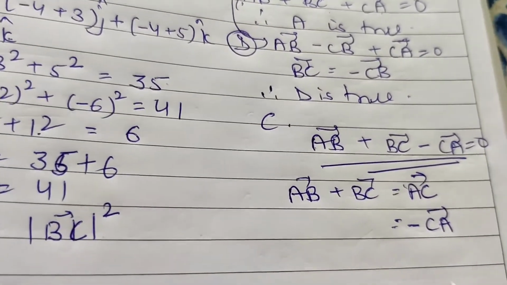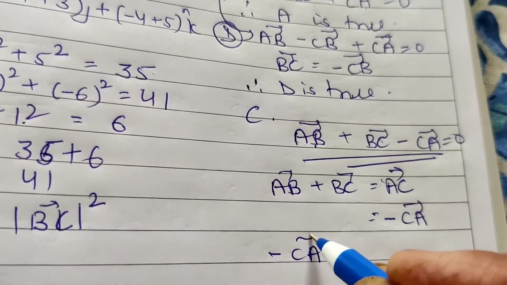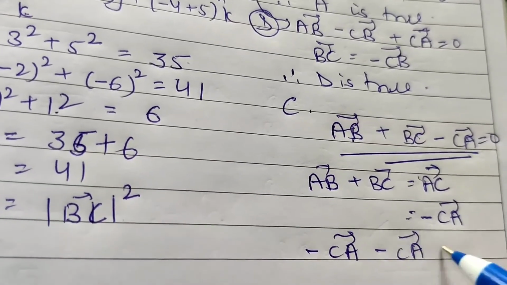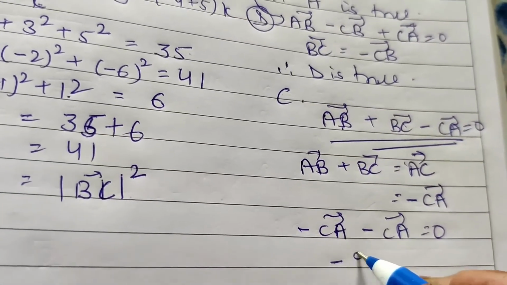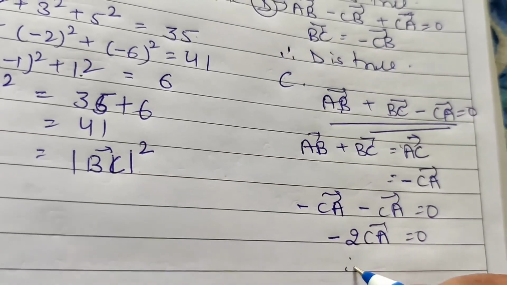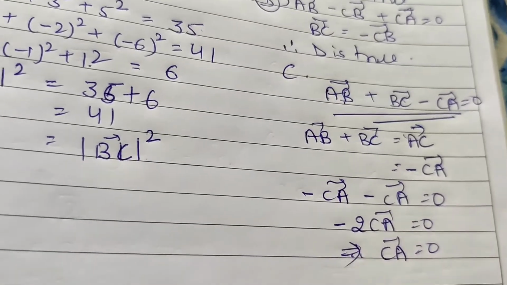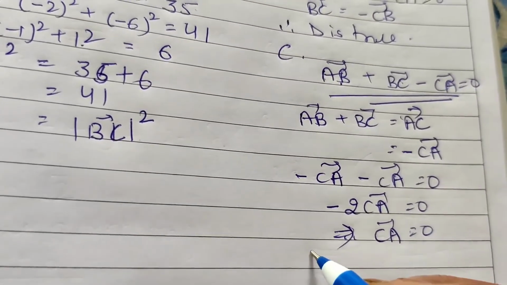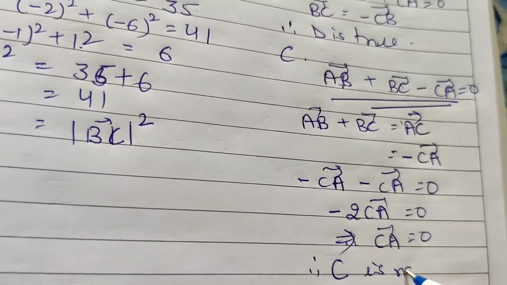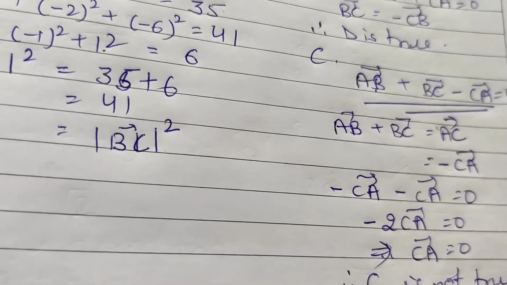So put AB plus BC equal to minus CA vector, and minus CA minus CA equals 0, minus 2 times CA vector equals 0. It means CA vector equals 0, which is not possible. Therefore C is false.